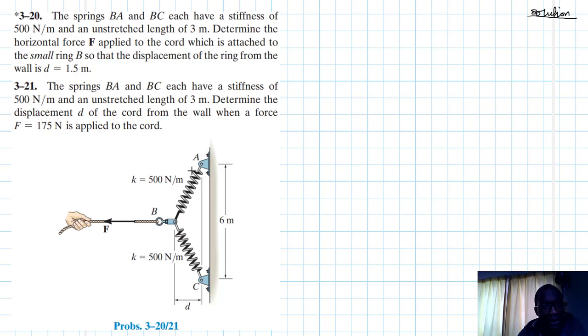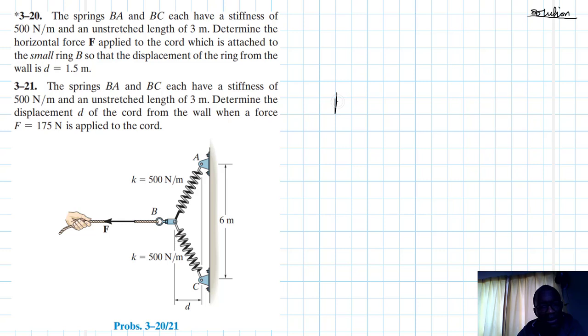So we are just going to apply the equations of equilibrium about this particular point B here, and they've told us the unstretched length, and they're asking us to find the force F in the first case.